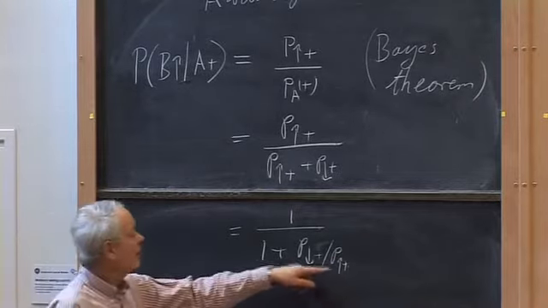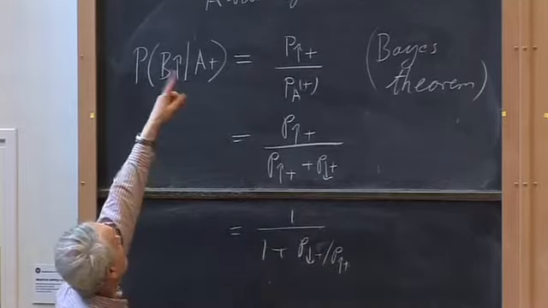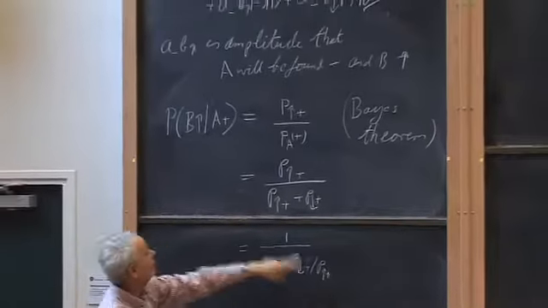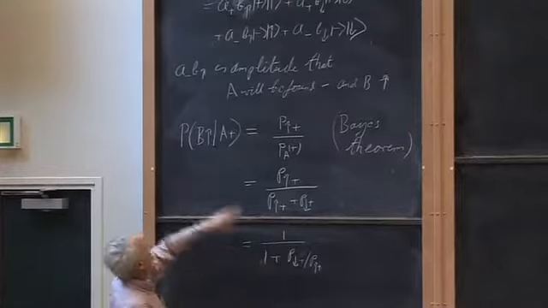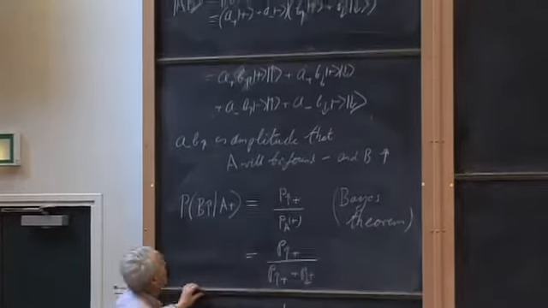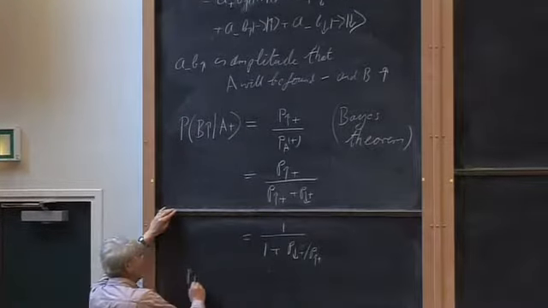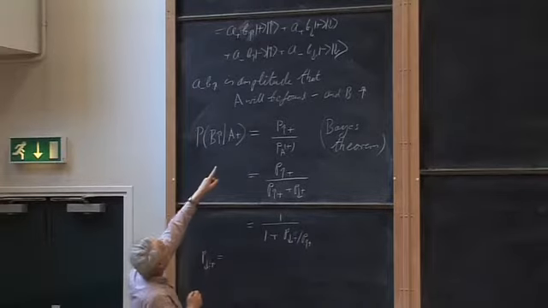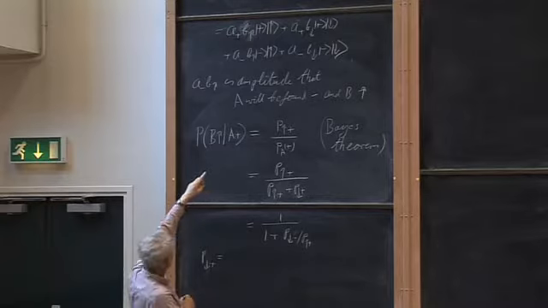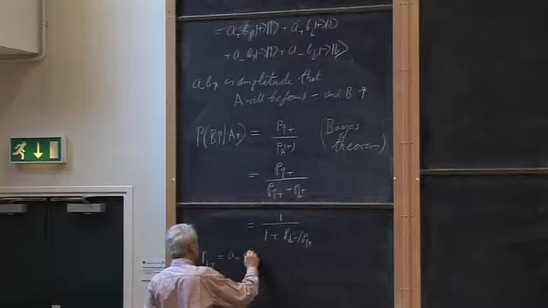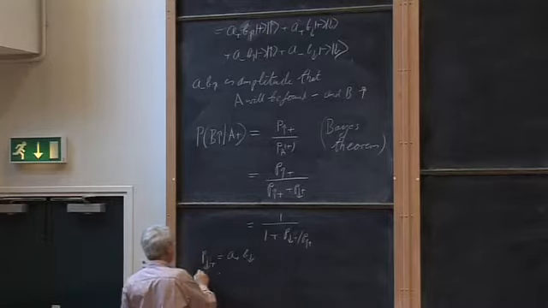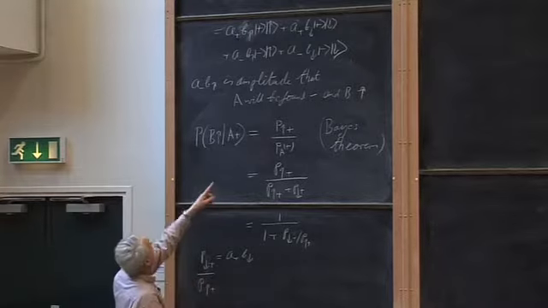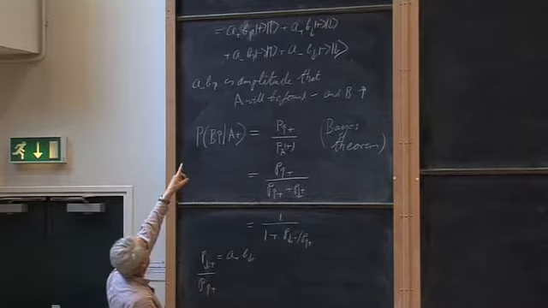What about this? Let's go back to that expression up there. What's this probability in terms of those amplitudes? P down plus, P down, down and plus, is equal to A plus B down. And P up plus, going up there, is A plus B up.